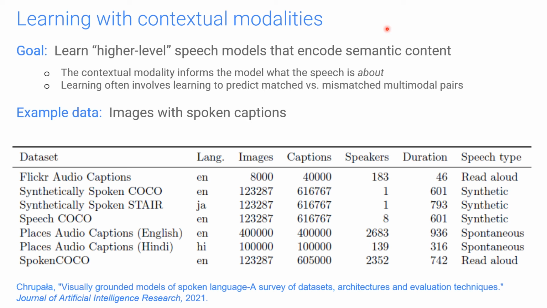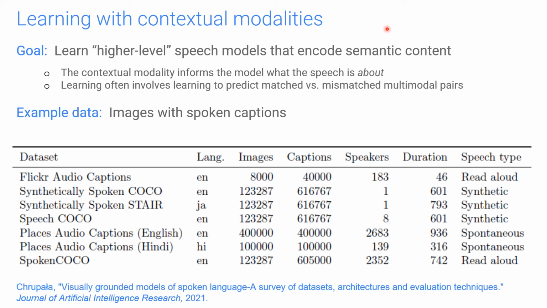One of the things that has really advanced this research area is the large number of new data sets of images with spoken captions. And this table shows a few examples collected in a recent survey paper by Hrupawa, which gives a really nice overview of this area.